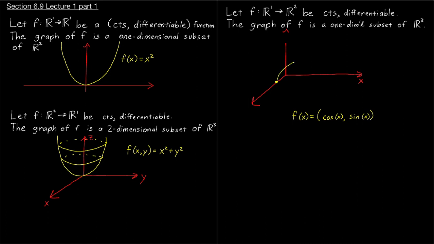We move up to 1, 1 over at pi. And then this is going to trace out a sort of helical path through space. And I will give you a link to a Desmos sheet that lets you look at the graph of this thing. But you see, this is indeed a subset of R3, and it is one-dimensional. It looks like a one-dimensional path.